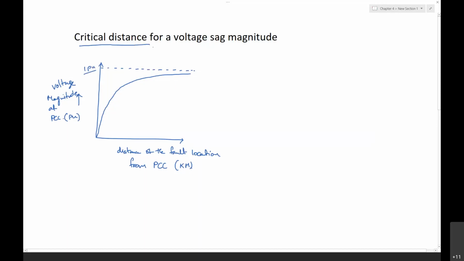The critical distance, suppose a particular equipment. This is a ZS source impedance, and this is about the PCC, and there is a line. This critical distance is very much essential for any kind of equipment.